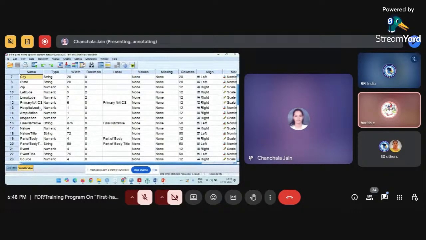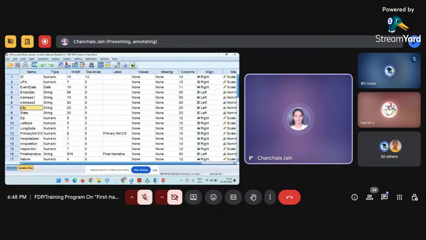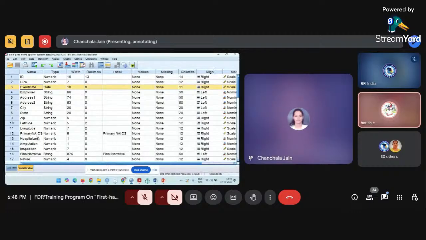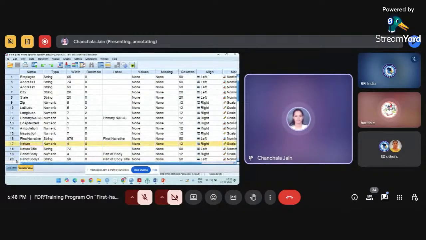The variables are date, hospitalized, and amputation, and nature title. Sir, can you tell me the relevance? I'm not aware of this kind of data.